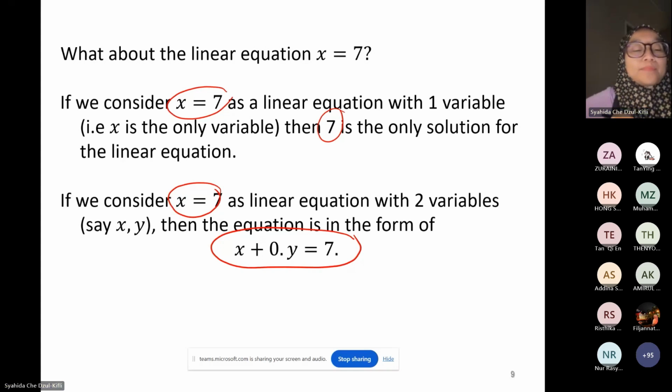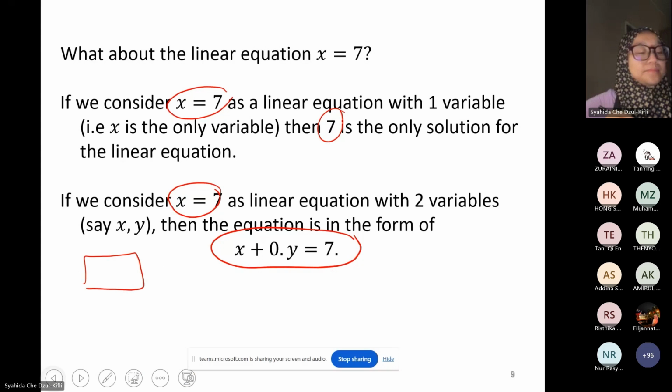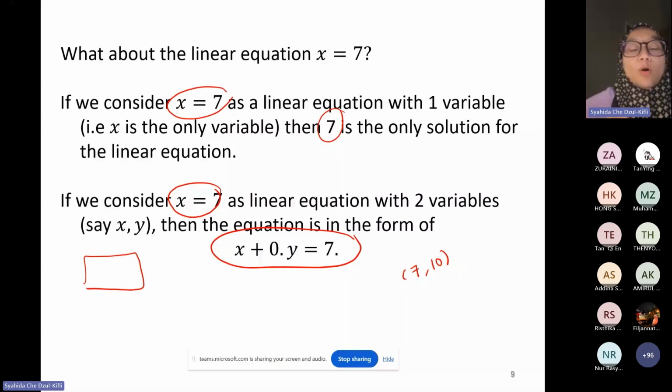Therefore, we can pick one example of the solution: (7, 10). (7, 10) is one example of a solution for this linear equation. Why? You substitute x equal to 7 and y equal to 10, then the equation is satisfied.